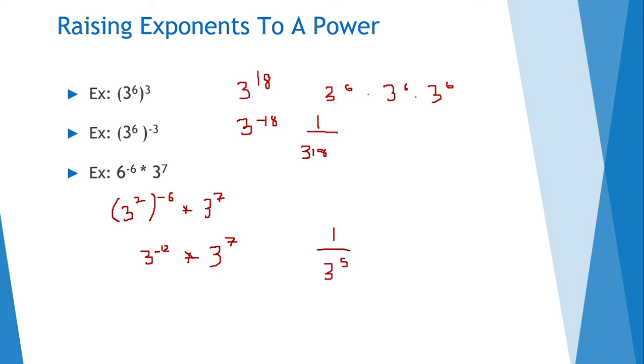Yep, and again, you can use this type of logic thinking for any sort of problem where the bases are different, but they seem like they're powers of each other. So you could do this with bases of 4 and 2, because 4 is 2 to the power of 2.